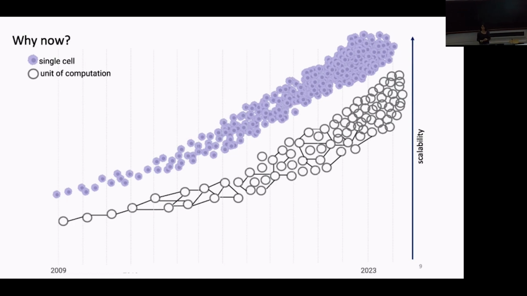advancements also in machine learning methods in different fields, for example, in language modeling or in imaging. These two are moving in parallel and quite exponentially, both of them. But the question is, can we directly apply these machine learning methods to biology?